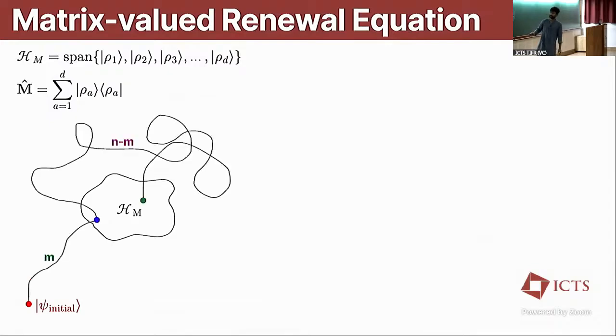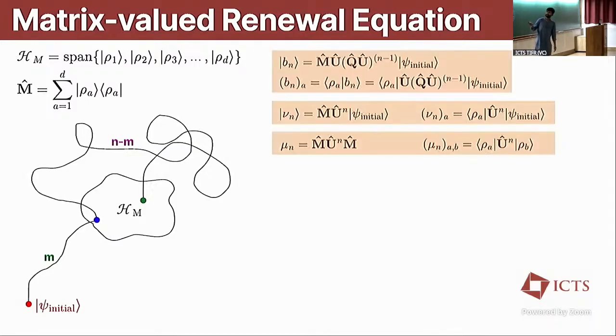You reach there for the first time in m steps, and then you come back in the rest of the n-m steps, right? These are the corresponding amplitudes. The only difference from the previous case is that now these won't be a single amplitude. Instead, they will be vectors of amplitudes, right? And the entries of these will be the first return to all these states in the detection subspace.